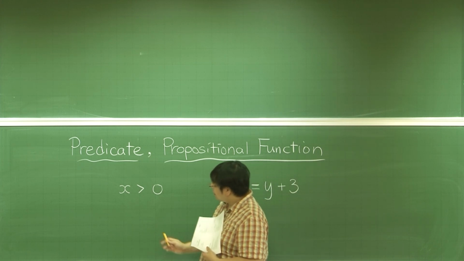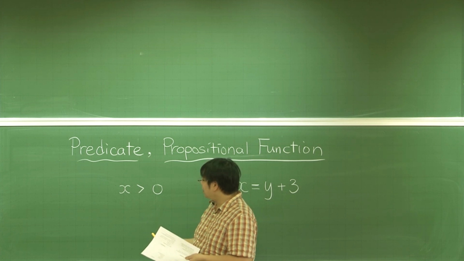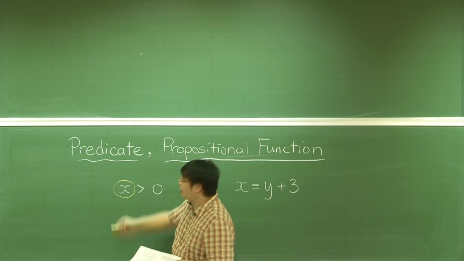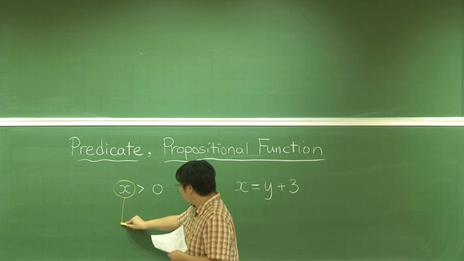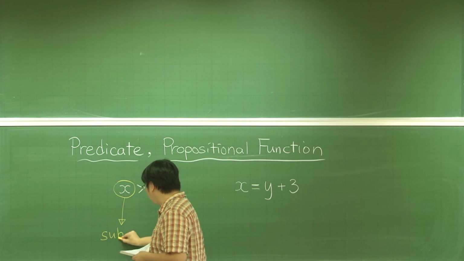But on the other hand, this is still a mathematical sentence that we will see a lot of times, and it is talking about x. So here, x is the subject of this sentence.